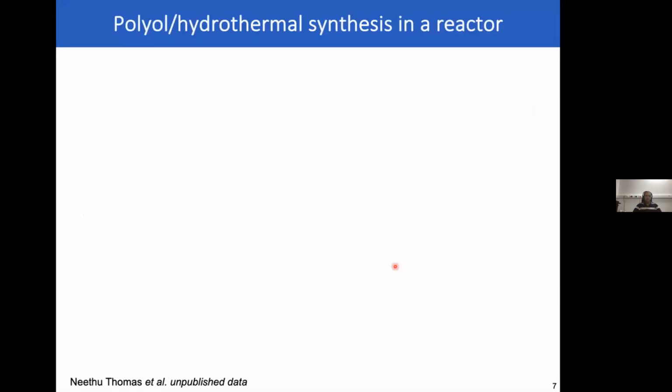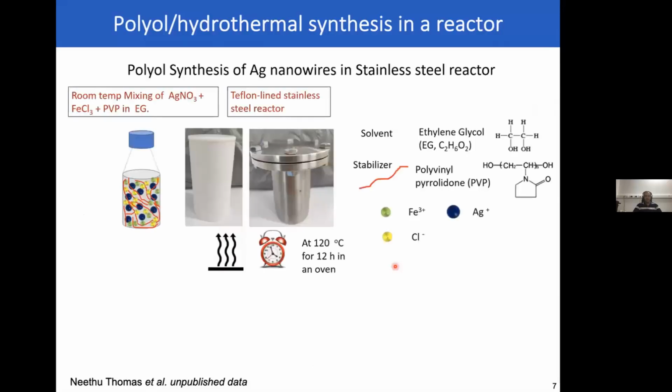Then we said, okay, this is the regular polyol process, something that you would use in an oil bath. So we tried variations of this, where we actually did the synthesis in a stainless steel reactor, something that people normally use for hydrothermal synthesis. We were thinking that if we increase the time, then essentially we can grow the wires longer.